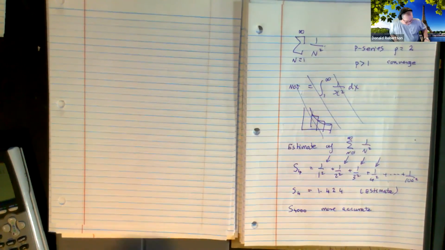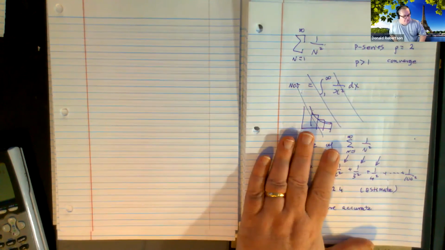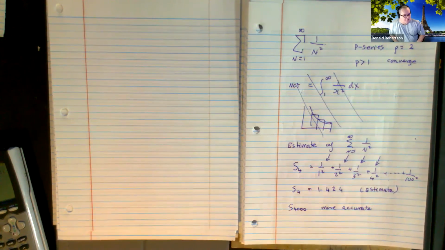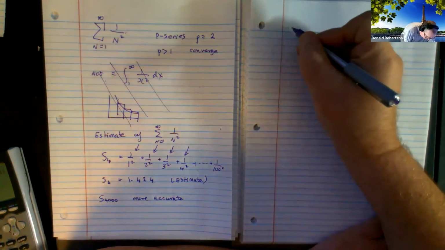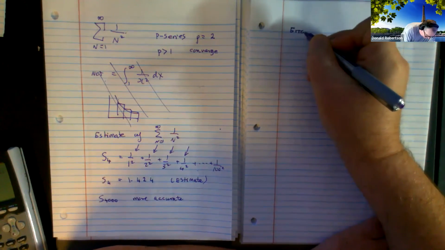Are we good? And there is, you can go looking for it, a way to get your TI-84 to actually add up all the terms in a series, right? Wouldn't it be nice to have an error band?